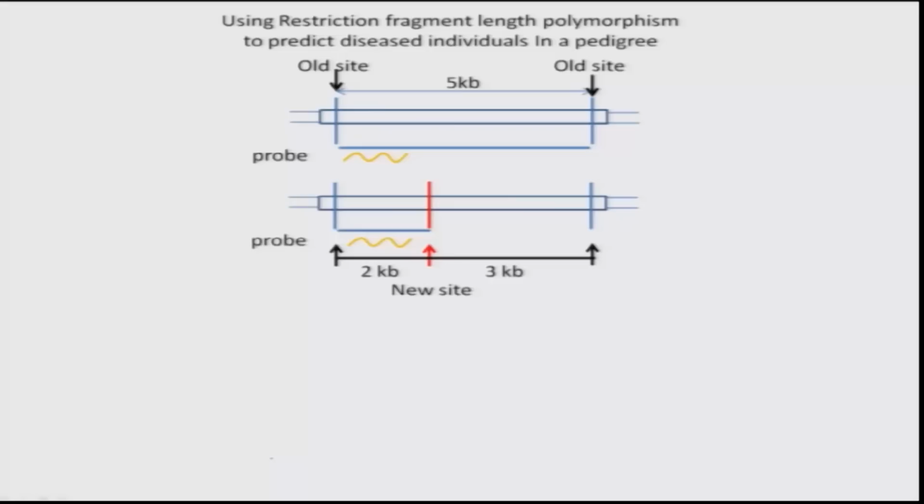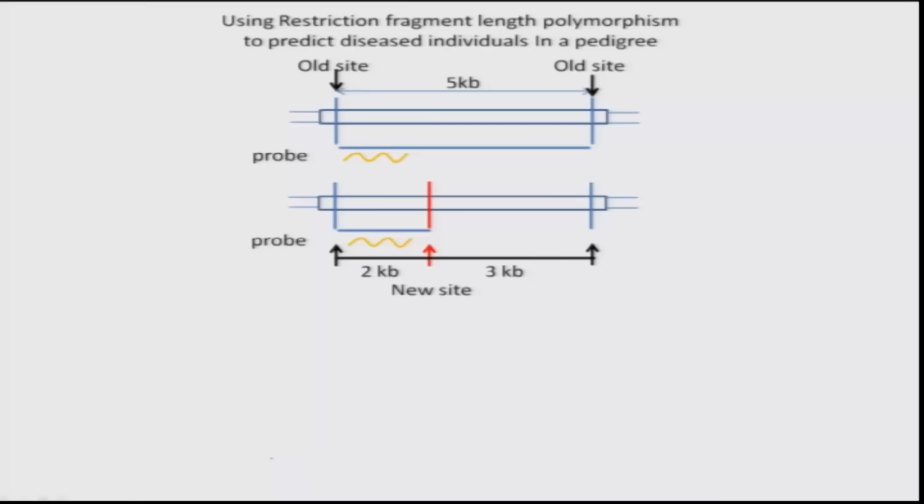Like I show you over here, this is a cartoon of a gene which I have drawn, a 5 kb fragment, and it has 2 restriction sites on either side, which if the gene is digested with those, leads to the 5 kb fragment.